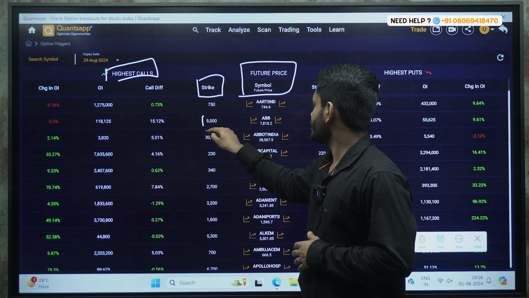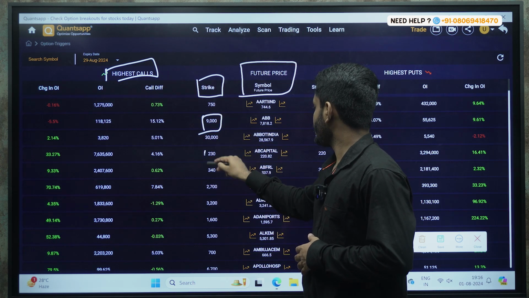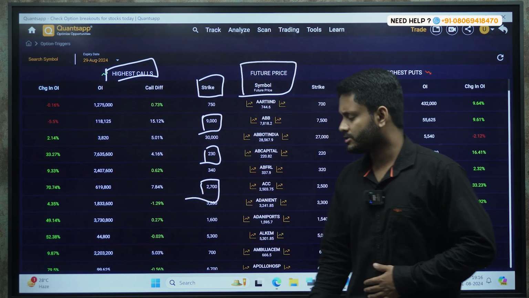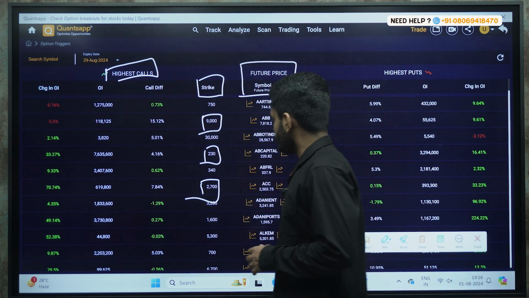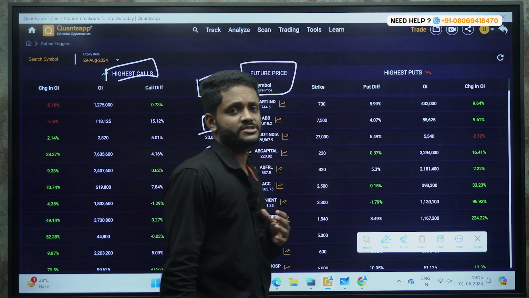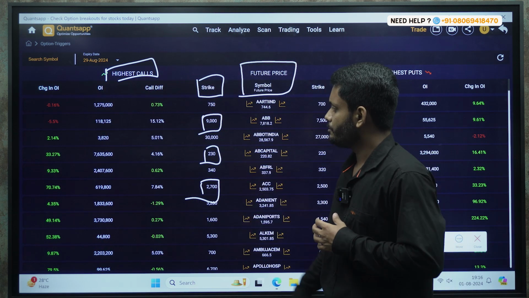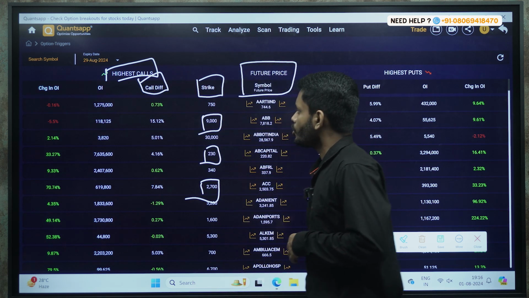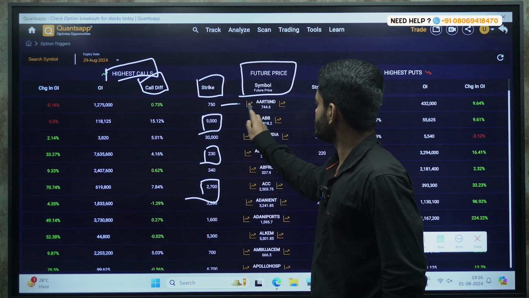For ABB, the resistance is 9000. For AB Capital, it is 230. For ACC, it is 2700, and so on. For each stock, based on open interest, the resistance where the call writers are active is mentioned over here. Then comes call difference, which is basically the difference between these two.